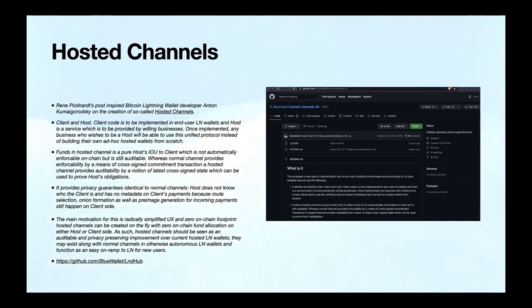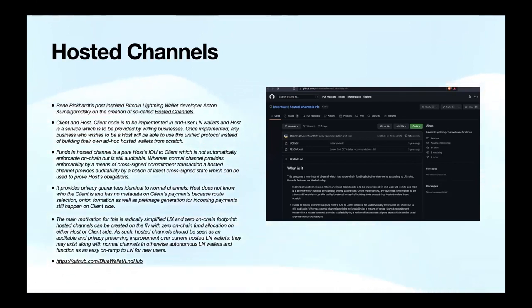The main motivation for this is to simplify user experience, reduce the on-chain footprint to zero, and also increase the scalability of the system.